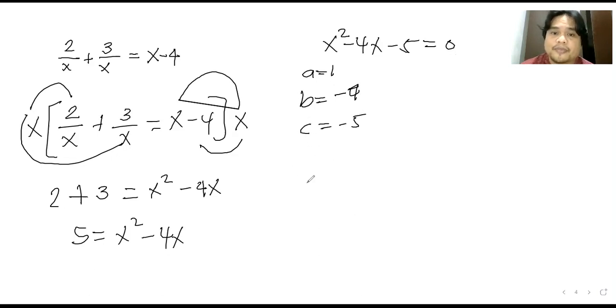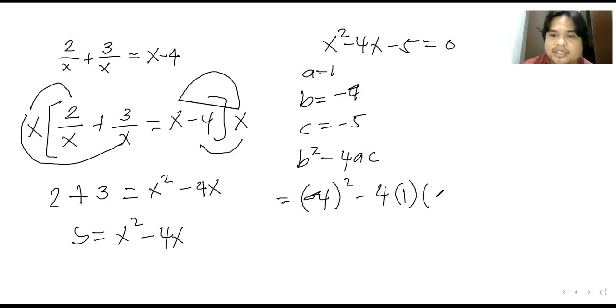All right? And then once again, substitute all these into the formula of the discriminant. Your B here is negative 4, square that, minus 4 times your A, which is 1, and your C is negative 5. Negative 4 squared, you get 16, minus 4 times 1 times negative 5, that's negative 20. 16 minus negative 20 becomes plus 20.